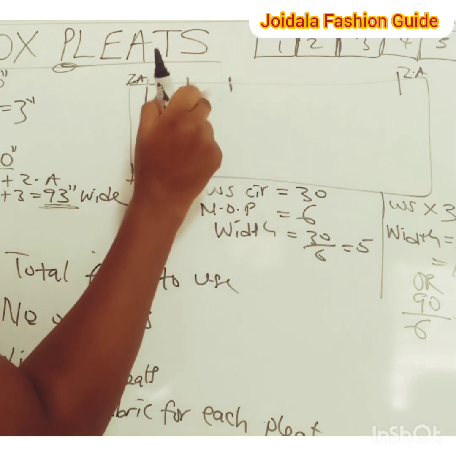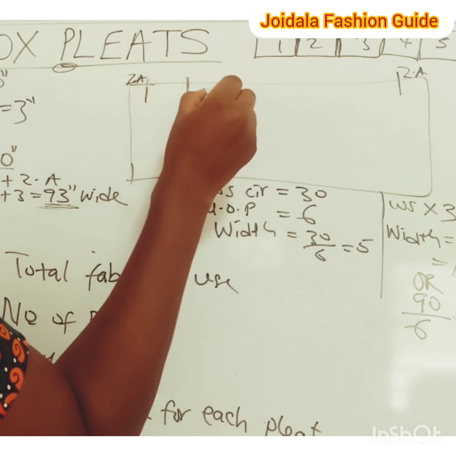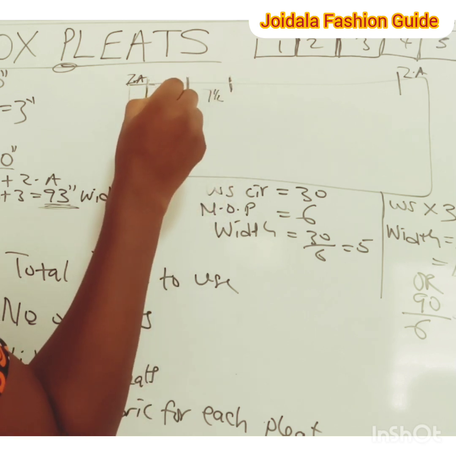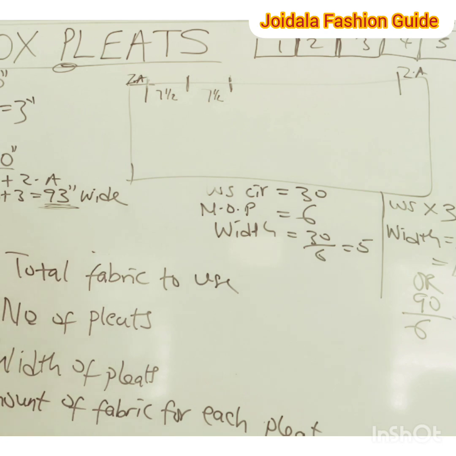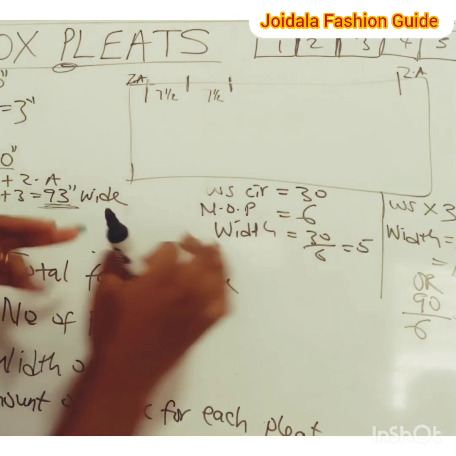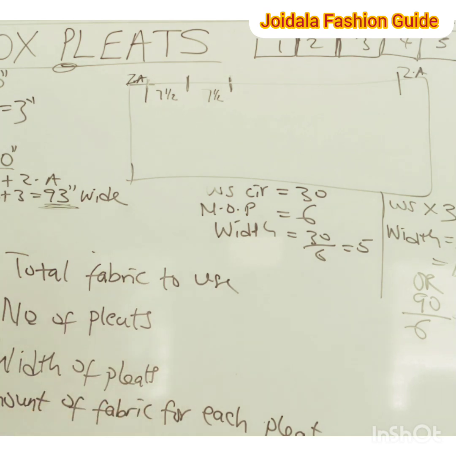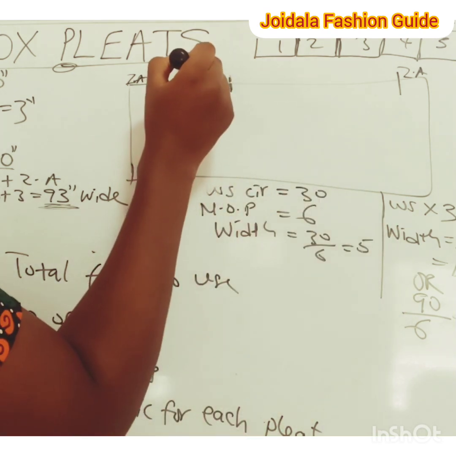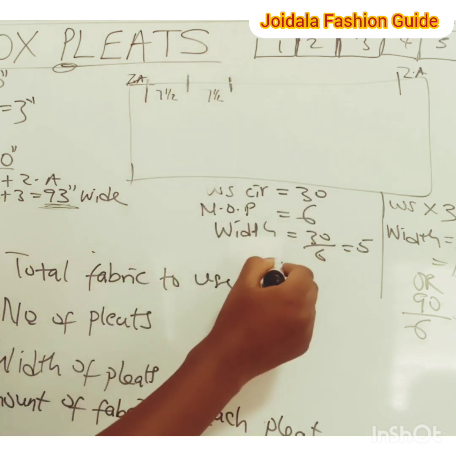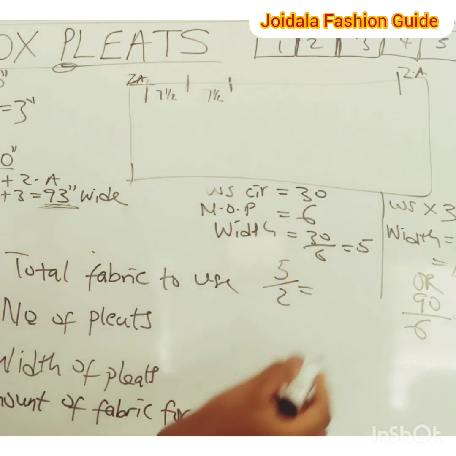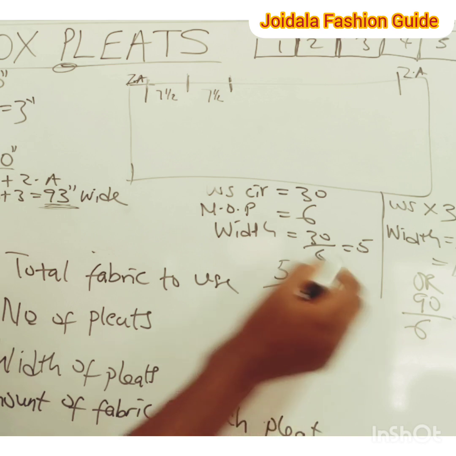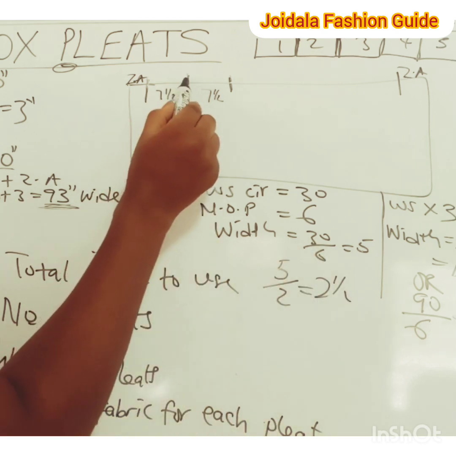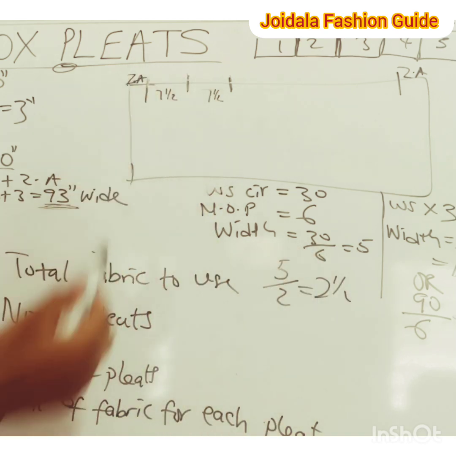You have 7.5 this way, you have 7.5 this way. And we want the width of our pleat to be 5. That is the wideness of our pleat. This is the middle. We'll share 5 into 2, and we'll have 2.5. So we put 2.5 this way, we put 2.5 this way.